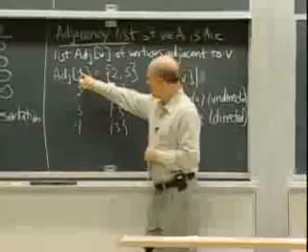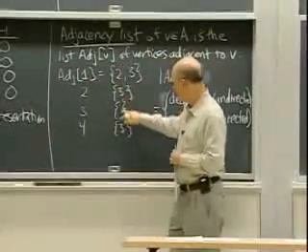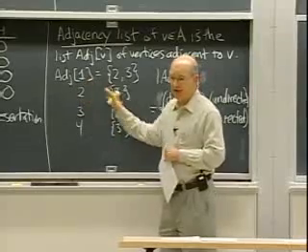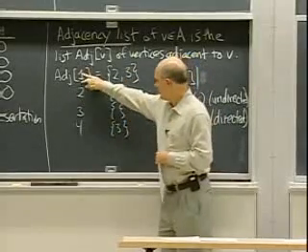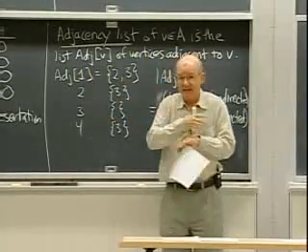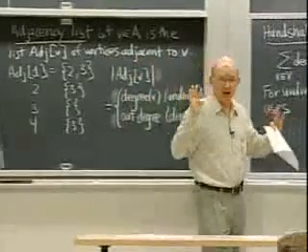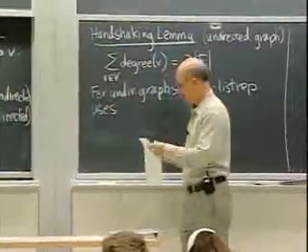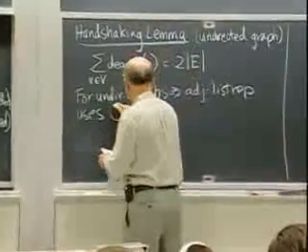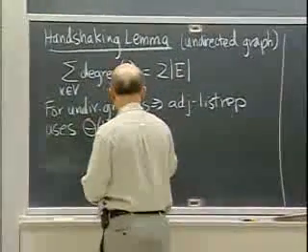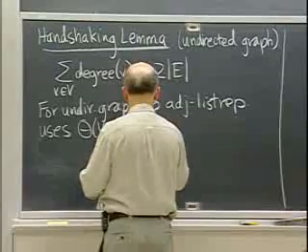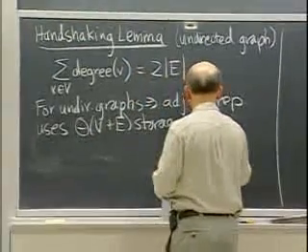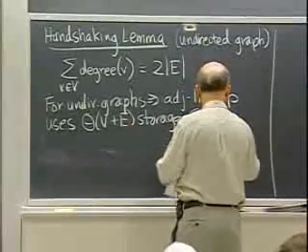Yes, you have to have the number of vertices plus the number of edges, whether it's directed or undirected, because I may have a graph that has a whole bunch of vertices and no edges, and that's still going to cost me order v. So it uses theta of v plus e storage, and it's basically the same thing asymptotically.